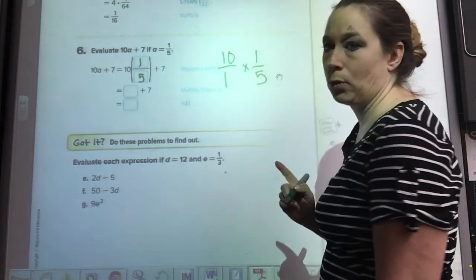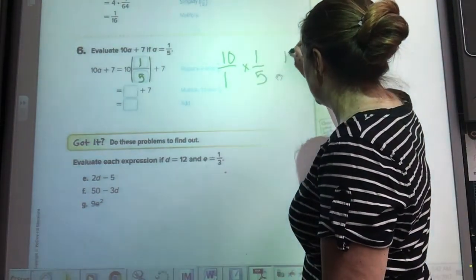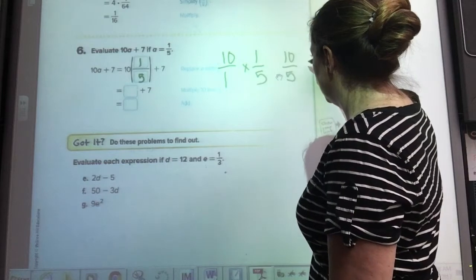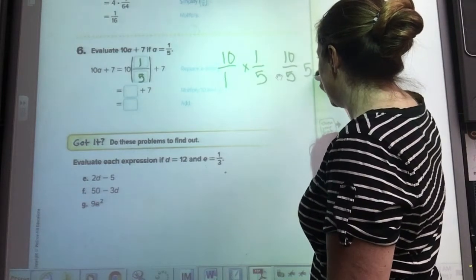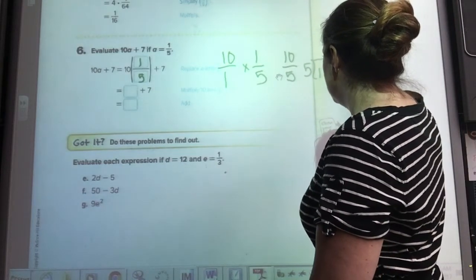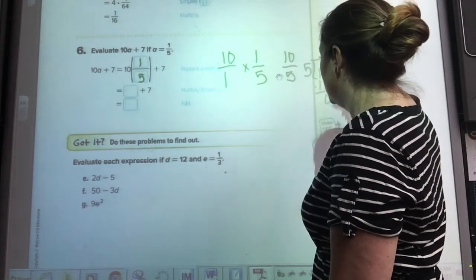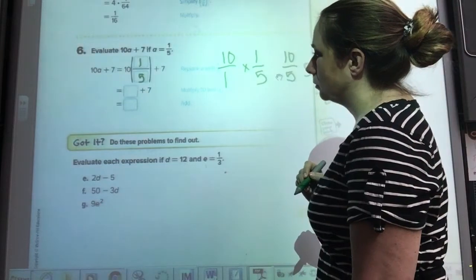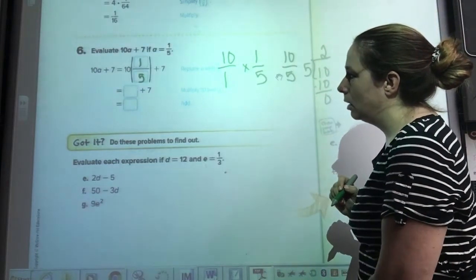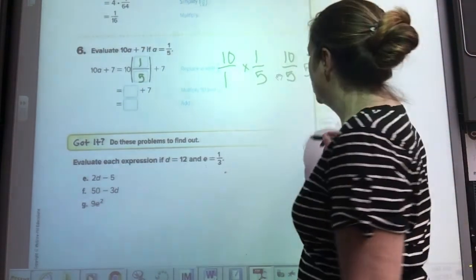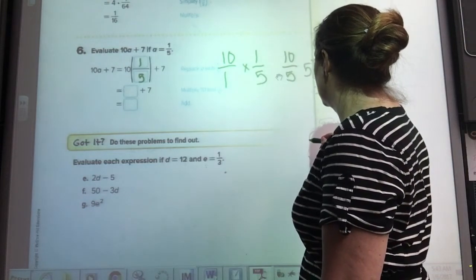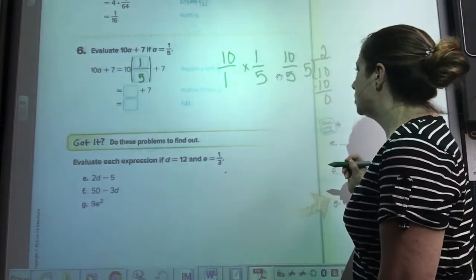Because we have to multiply before we can add. And we would get 10/5, which is an improper fraction. So how many times does 5 go into 10? Good. 2.